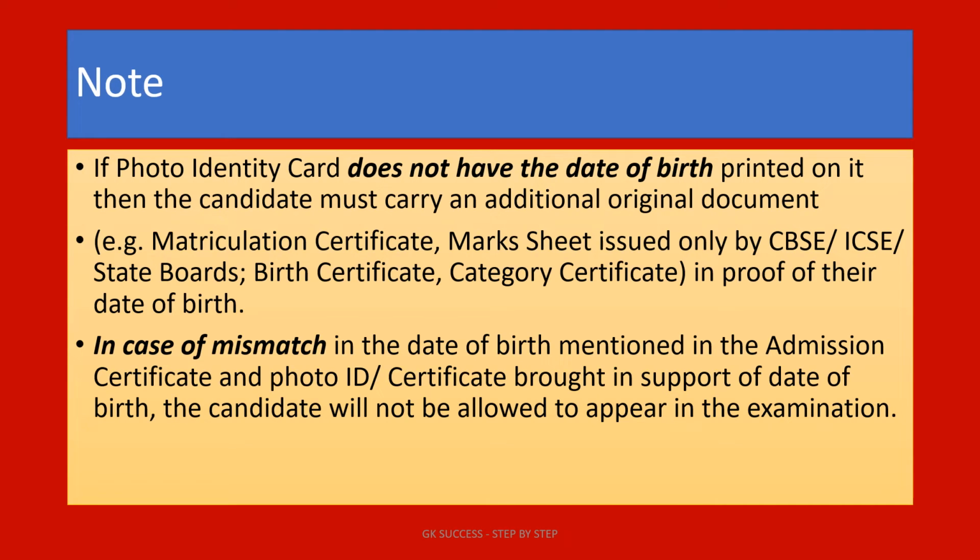In case of mismatch in the date of birth mentioned in the admission certificate and the photo ID brought in support of date of birth, the candidate will not be allowed to appear in the examination. This is the caution given by the Commission.